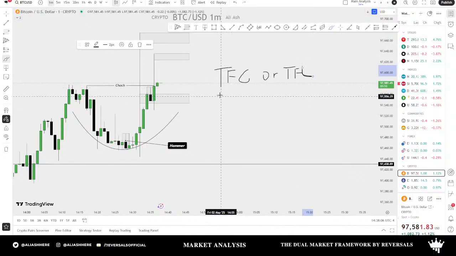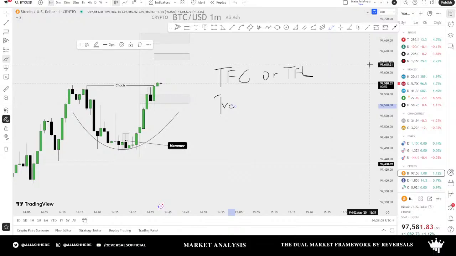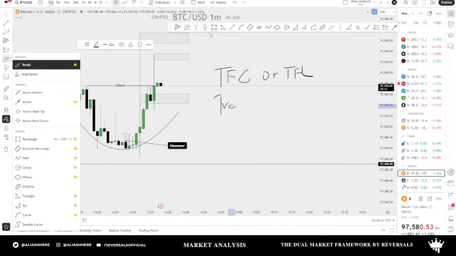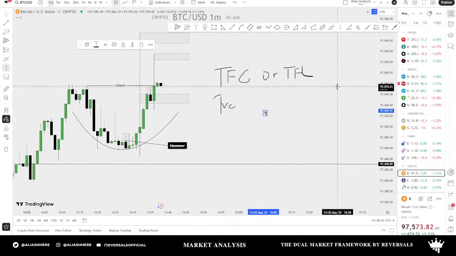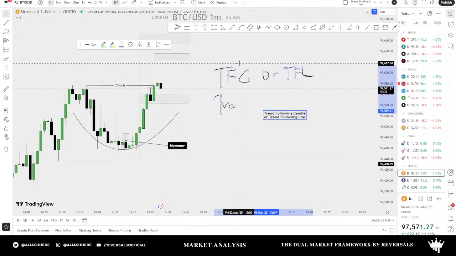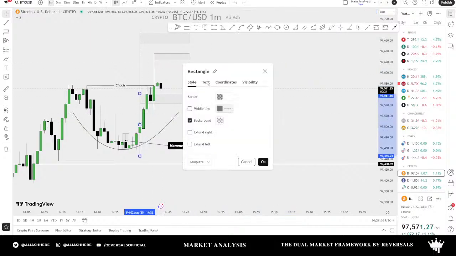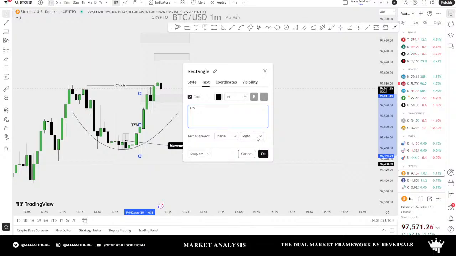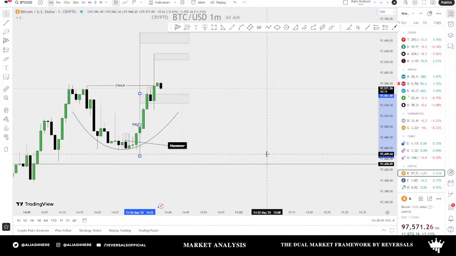So TFC is trend following candle or trend following line. Whenever I make these lines, it's a part of TFC. FL, trend following line.